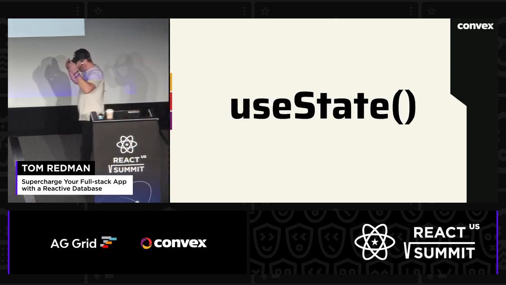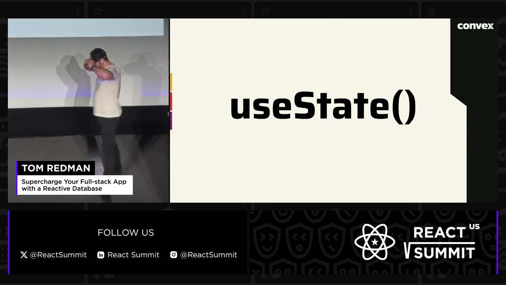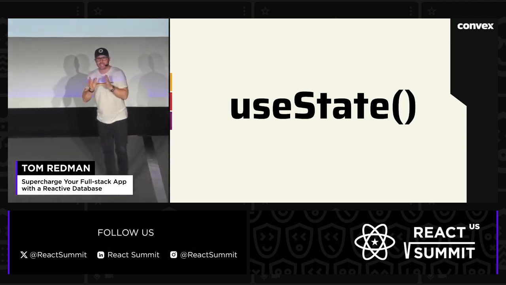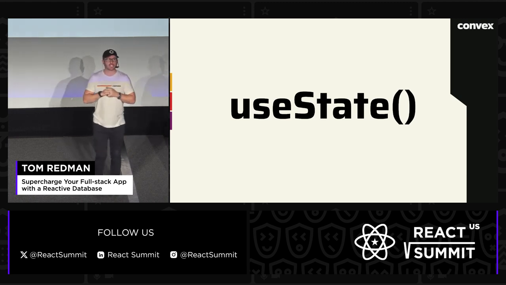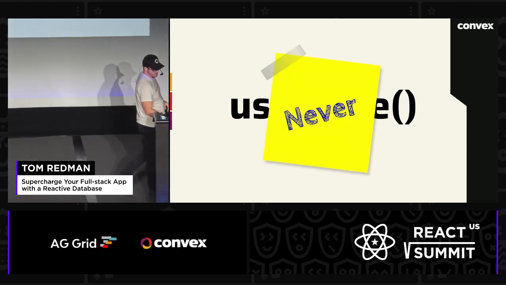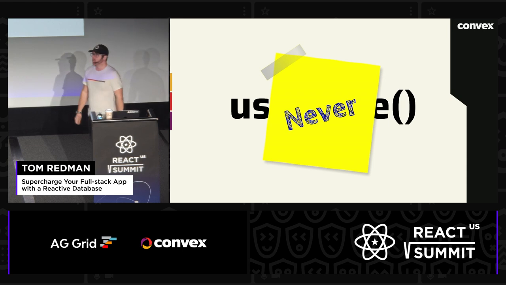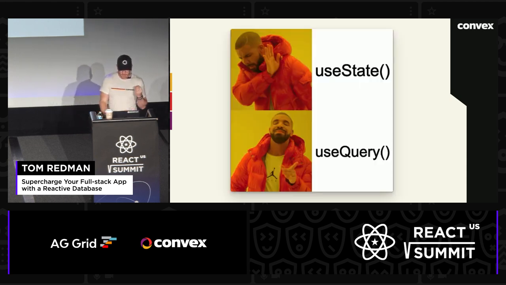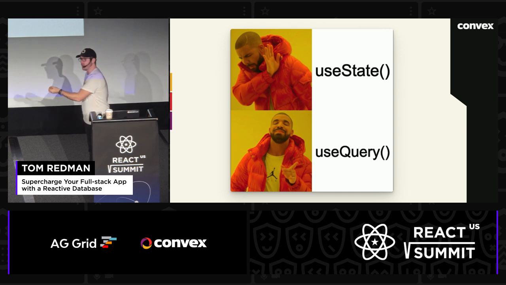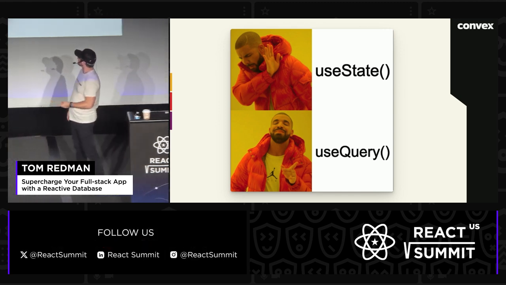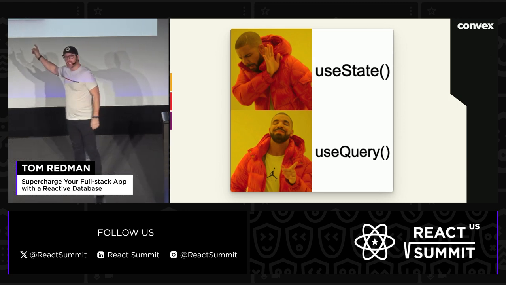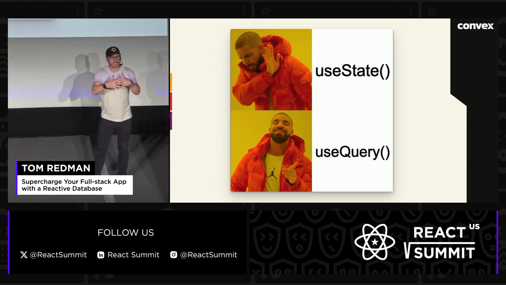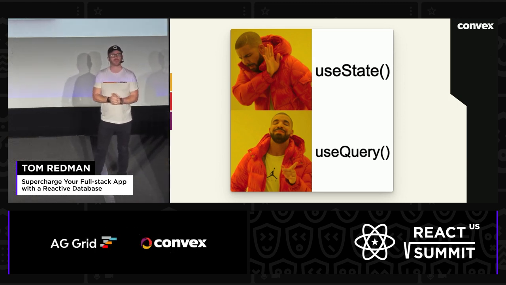So I was telling you about the first time that I experienced Convex, and my immediate thought was, holy crap, I literally don't need to use state anymore. When I started writing this code, I started replacing all my instances of useState with useQuery, and useQuery is actually this active WebSocket hook to your Convex data.